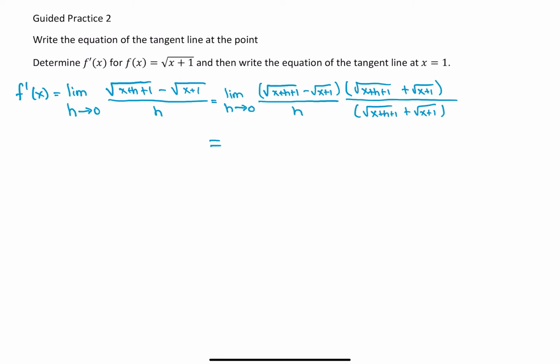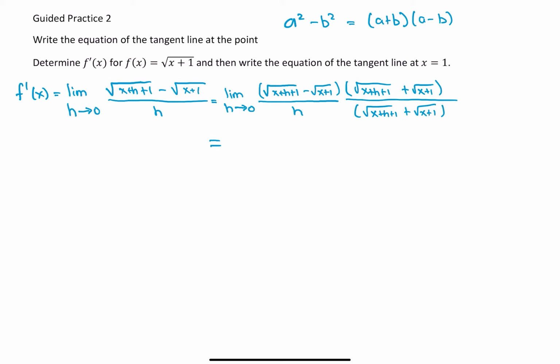So in the numerator, we have a difference of perfect squares. Remember, a squared minus b squared is equal to a plus b times a minus b. And what we have is the right side of this expression. We have the a plus b times a minus b.